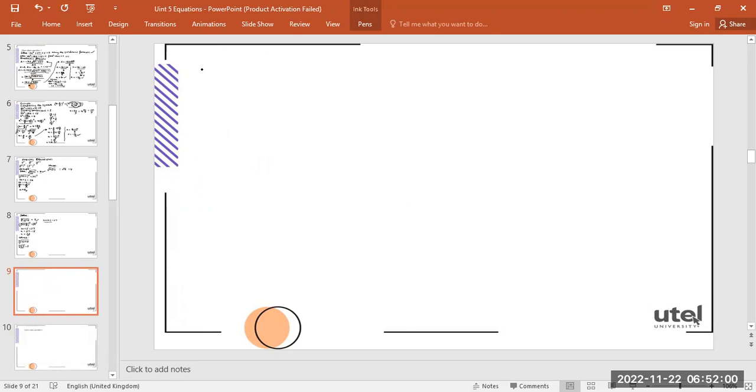So the next example says, solve 2 root x is equal to x. Now, the first thing we do is we square both sides.